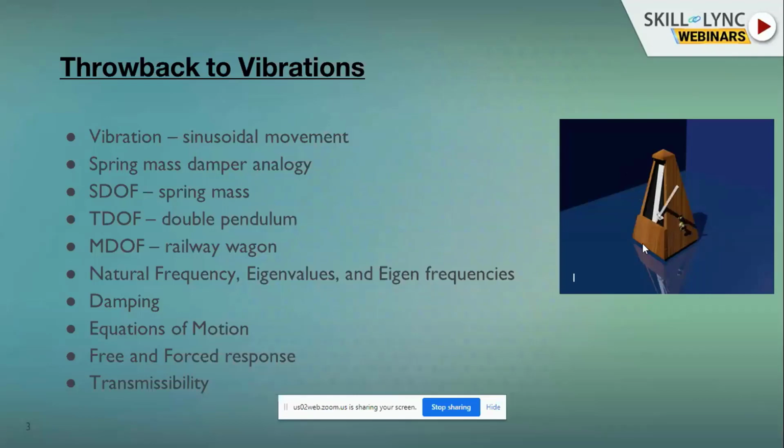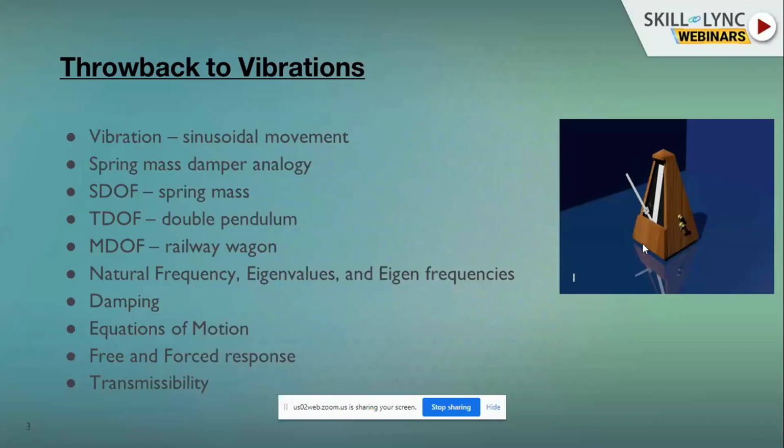Then damping will define how good the system is with respect to dissipating the vibration energy. Equations of motion were derived to simplify the actual vibratory system into mathematical models and mathematical terminologies. And the solution of those equations of motion will actually give you the vibration parameters which are needed to characterize the system.